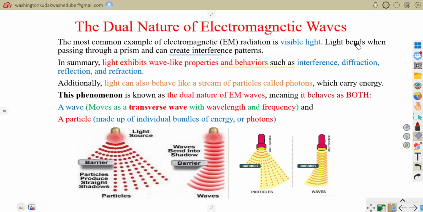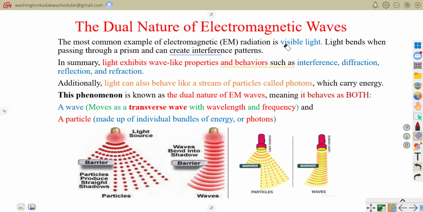That shade shows that our light at some point is reflected, at some point is diffracted, or else we can say that building presents a barrier, which resembles what we call interference, diffraction, reflection, and refraction.